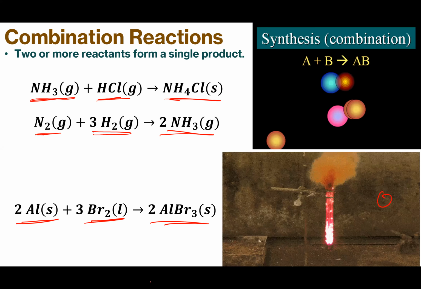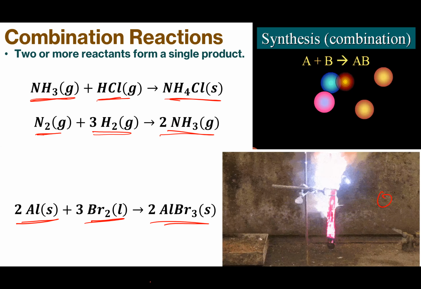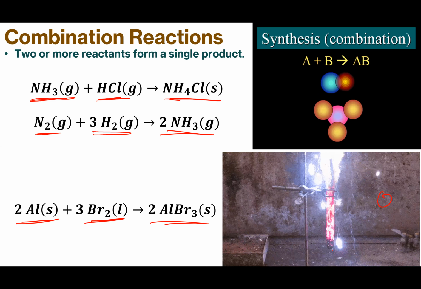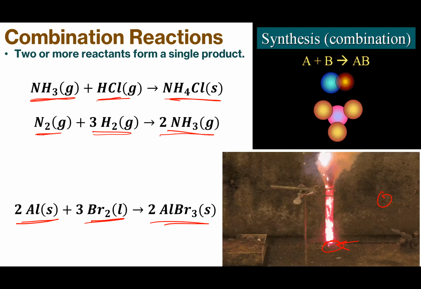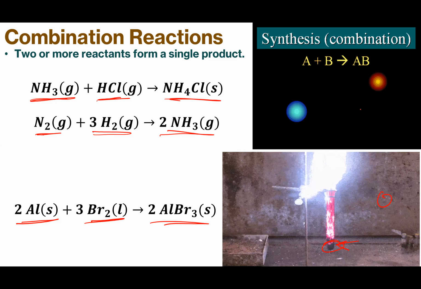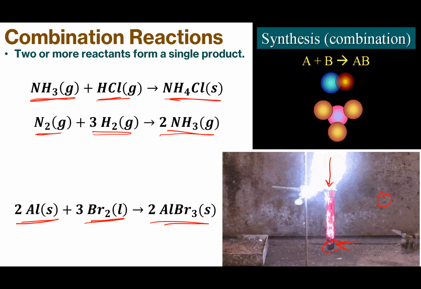But when you do it, you have liquid bromine in your tube down here. You can see the brown liquid is kind of shooting all over the place. We're getting sparks. And what they're doing is they're dropping a piece of aluminum foil in there.